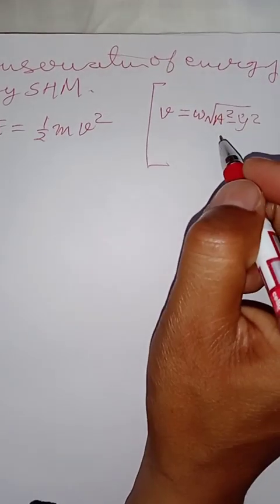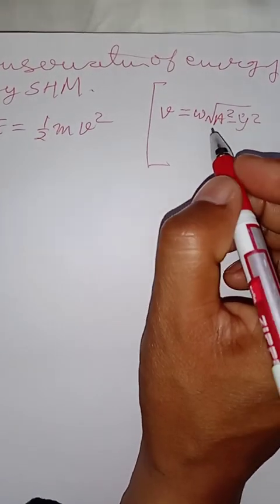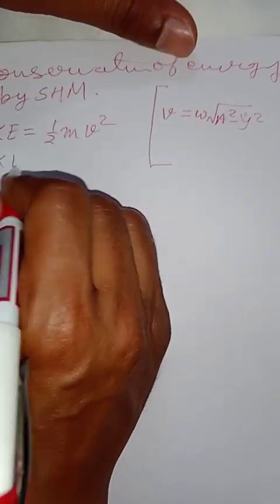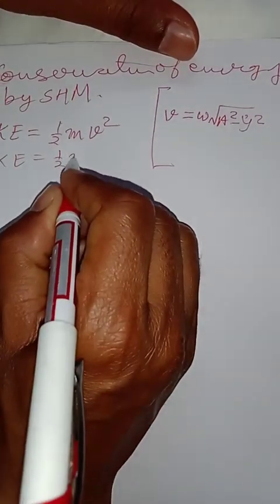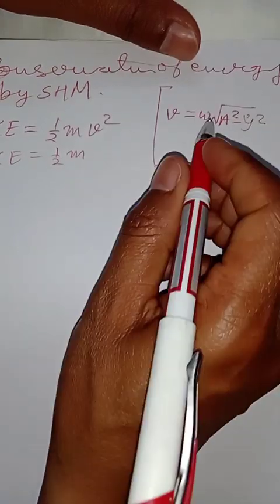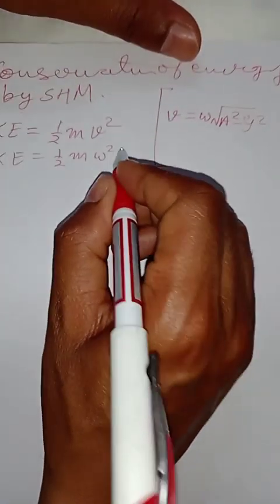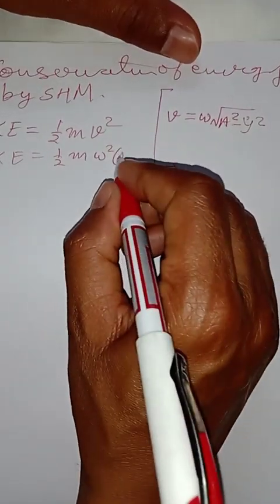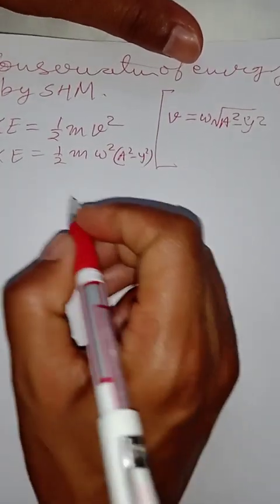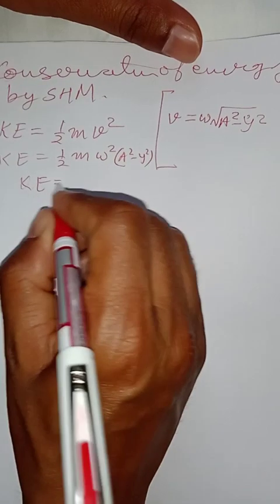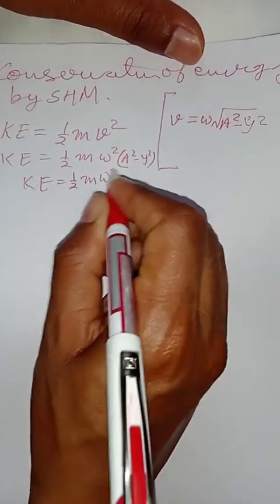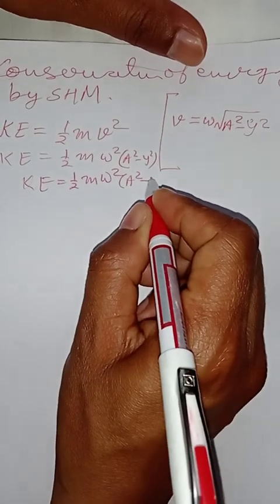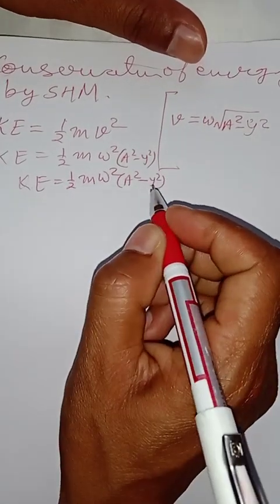We can derive it, but directly memorize it. So we'll put it here. Kinetic energy is equal to half m v square, which means the square of this, omega square, and the root will get cancelled because we take a square of it. So it will be a square minus y square. So finally kinetic energy equals half m omega square into a square minus y square.